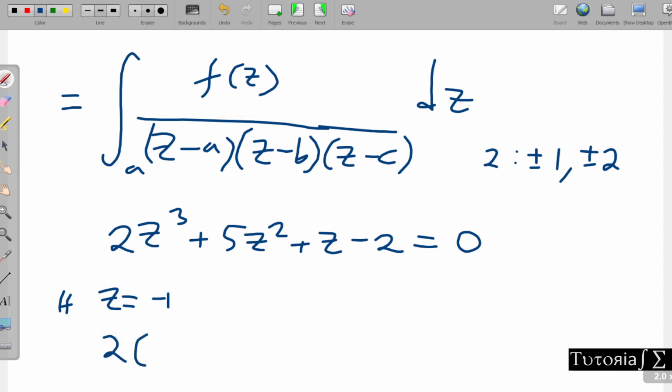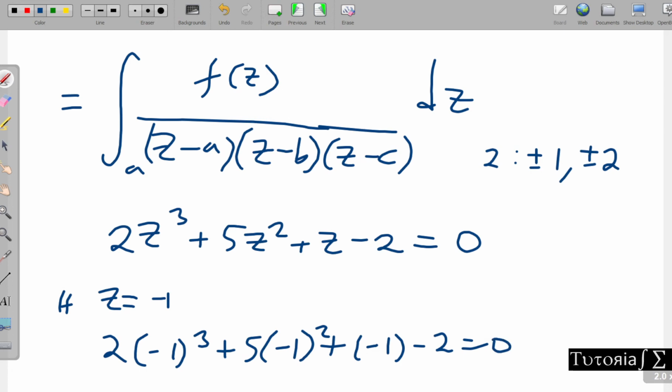It will be 2 times -1 to the power 3 plus 5 times -1 squared plus -1 minus 2 equals 0. Is this side giving you 0? This would be -2 plus 5, which is positive 3, then positive 3 minus 3 is 0.